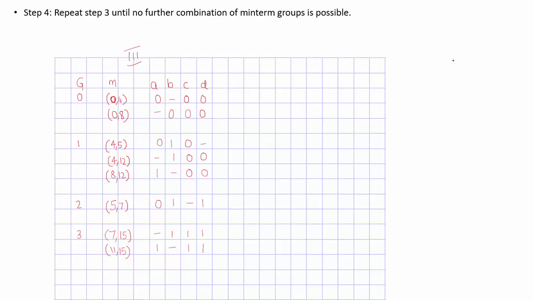That is, in the first group of minterms, if it is 0 dash 0 0, and in the second group one of the members is dash 0 0 1, then you can see that in the first place there is a 0 here and there is a dash here, and in the second place there is a dash here and there is a 0 here.